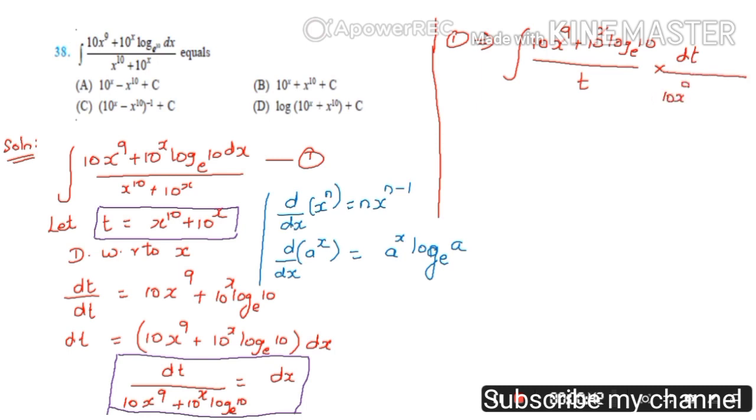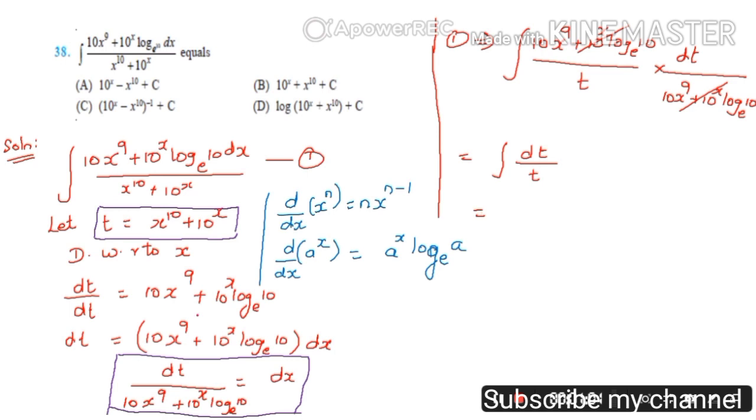After that we can see that both the numerator and denominator get cancelled. So we are left with integral dt divided by t.